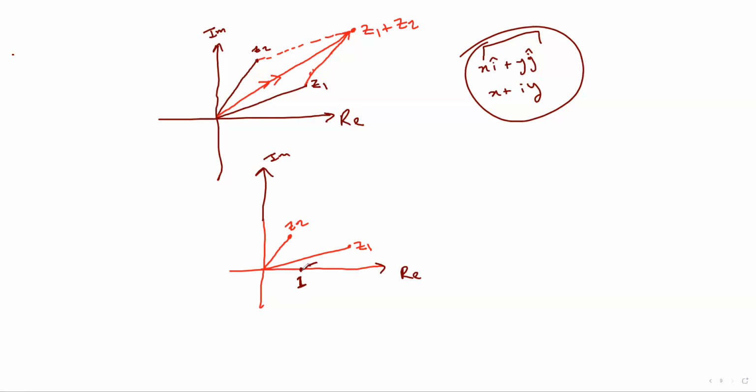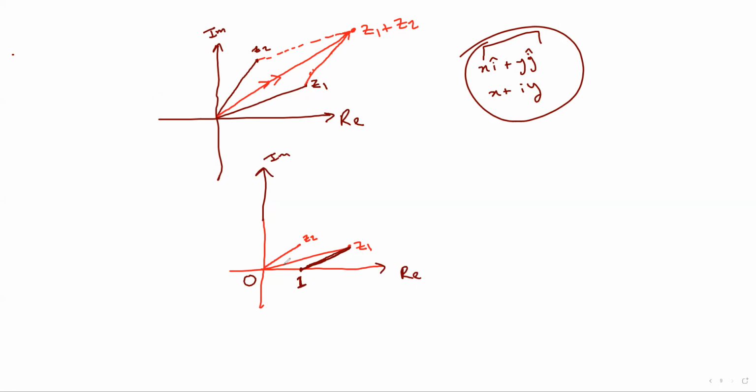Add 1 and Z1 to complete a triangle O1Z1. Now, for convenience, let me place Z2 closer to Z1 somewhere here. Say this is Z2, and this is its radius.